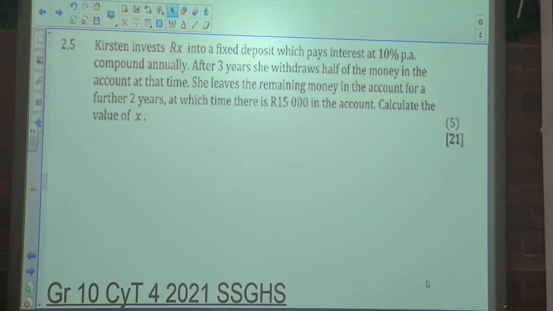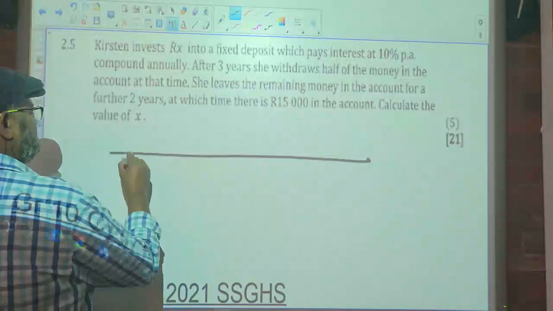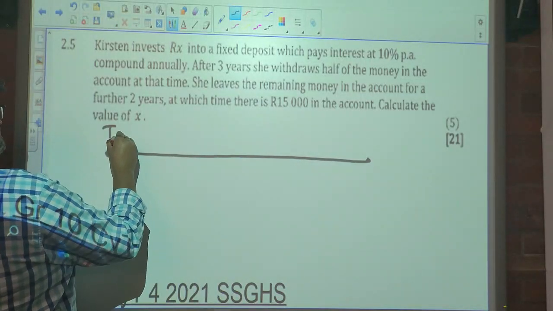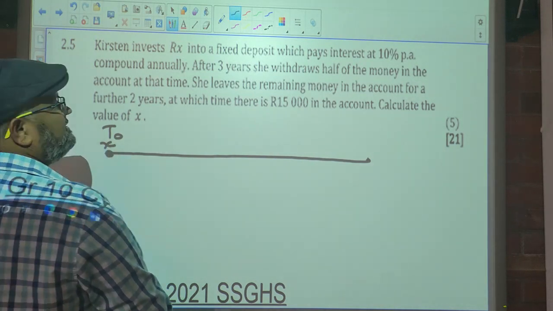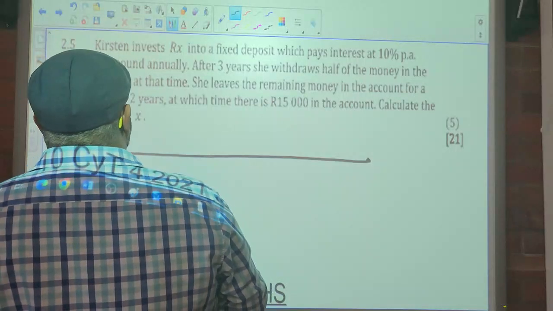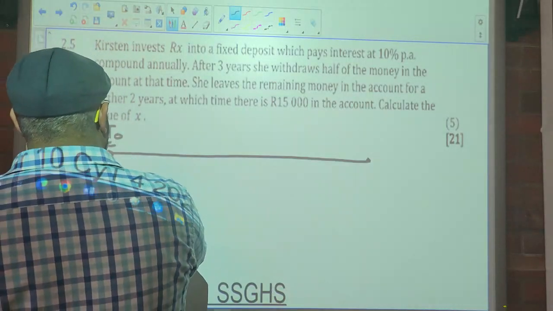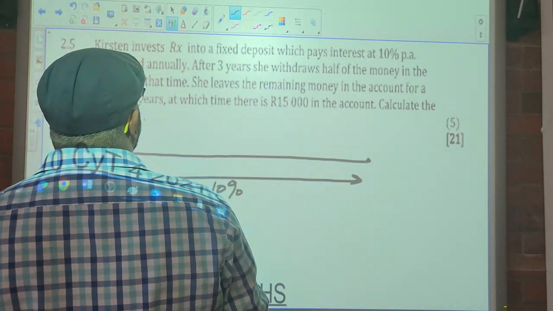Cursor invests X Rand into a fixed deposit which pays an interest at 10% per annum compounded annually. Another timeline question. It's actually a beautiful question for your exam. So the interest rate is a flat rate of 10% compounded annually.